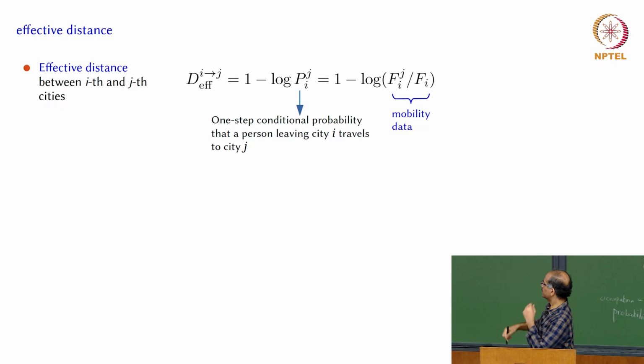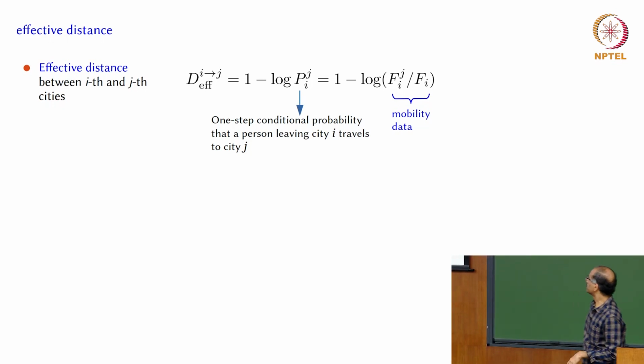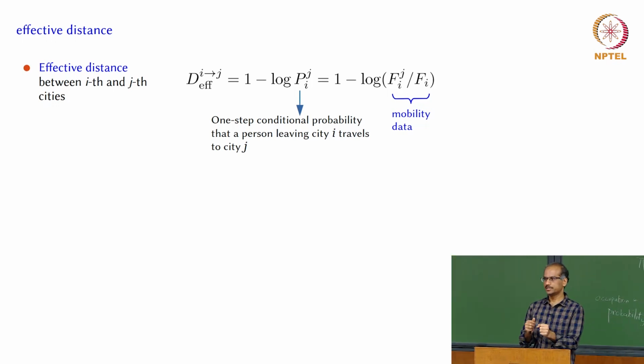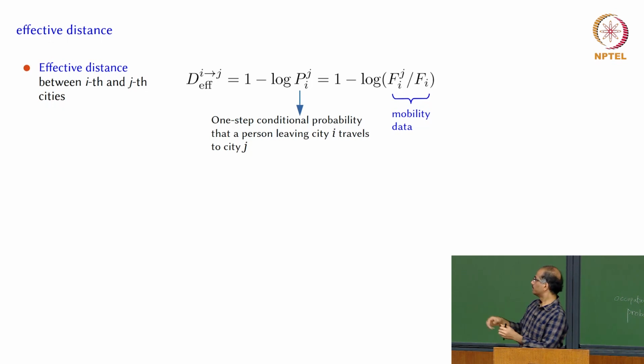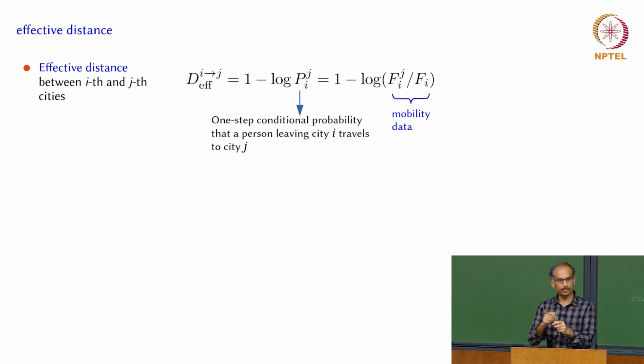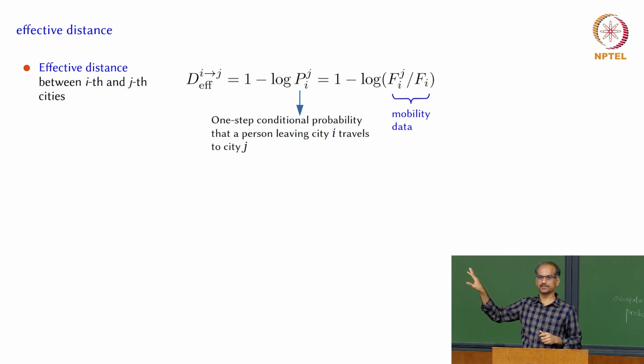This P that you see is simply the conditional probability that a person who is leaving city I actually goes to city J. If no one ever goes from I to J, then the effective distance is 0.